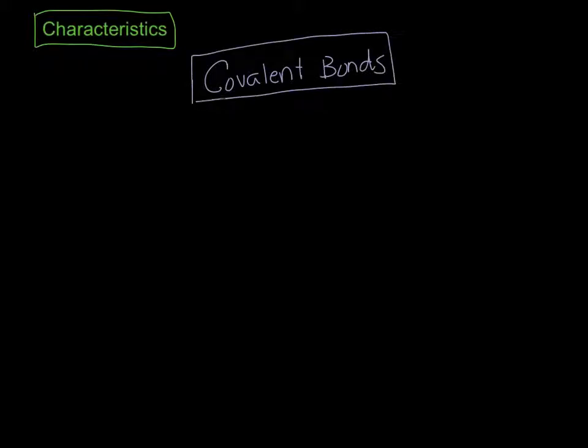So covalent bonds are directly opposite of ionic bonds. Covalent bonds are weak bonds, where the ionic bonds were really strong because they transferred electrons. Covalents are weak.